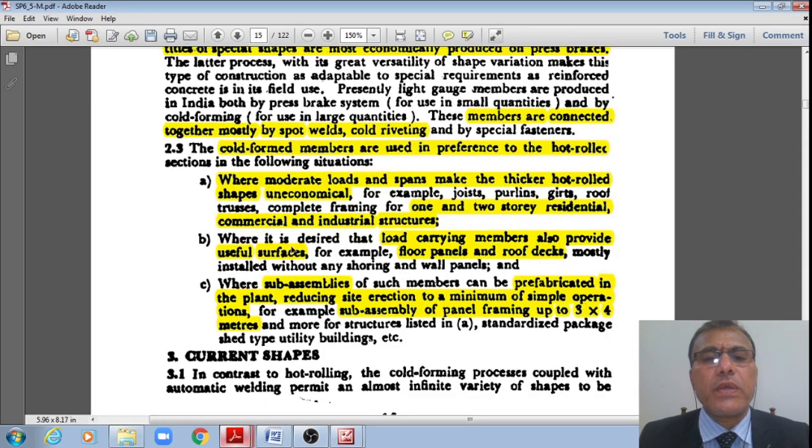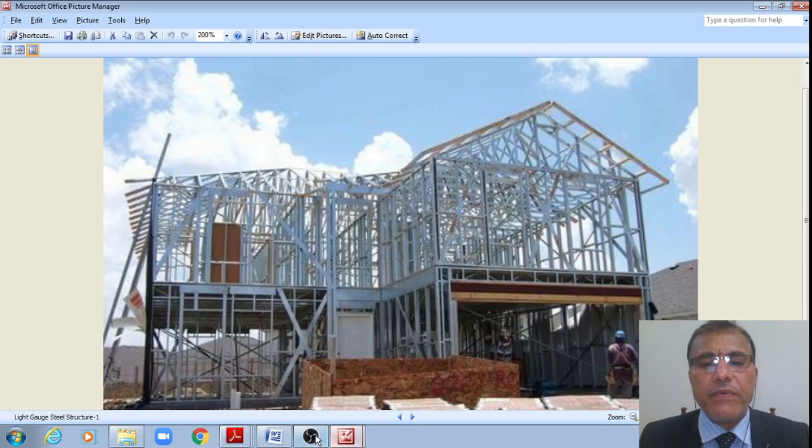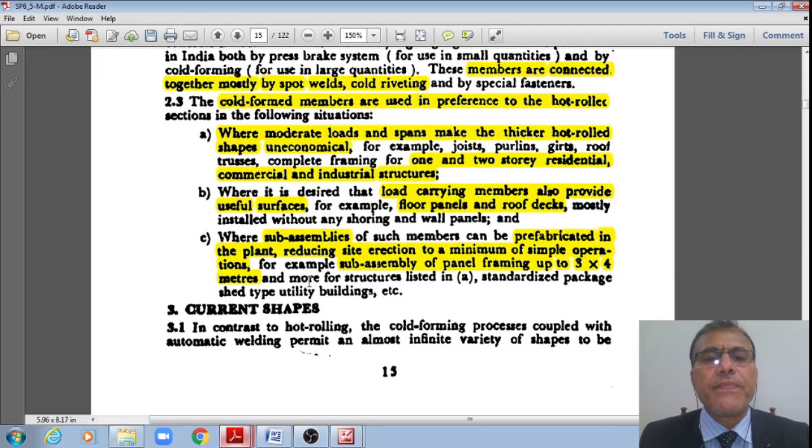Next, where it is desired that load carrying members also provide useful surfaces. For example, floor panels and roof decks mostly installed without any shoring, or wall panels. That also we can observe from the same illustration. The third one is where subassemblies of such members can be prefabricated in the plant, reducing site erection to a minimum of simple operations.